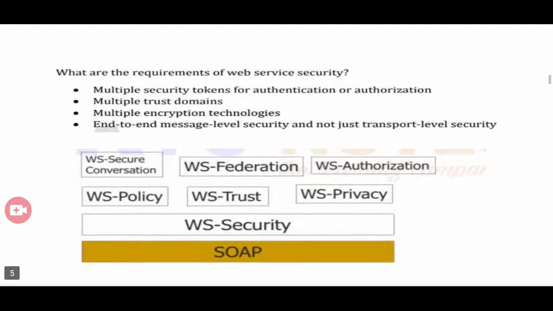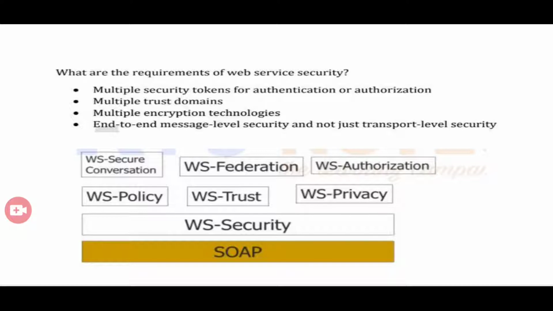So actually, what are the requirements of web service security? We have to provide authentication and authorization by using multiple security tokens and multiple trust domains, and by using multiple encryption technologies. End-to-end message level security, and not just transport level security, is provided for web service security.